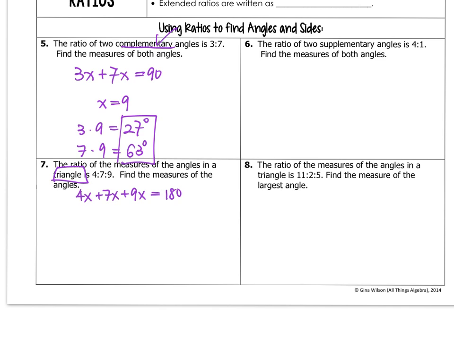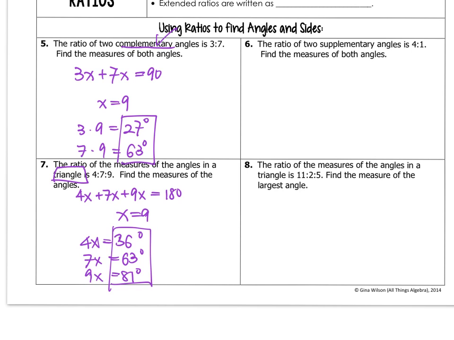A triangle adds up to 180 degrees, and you solve for that. I think this one too, x equals 9. So if you plug it back into 4x, 7x, and 9x, that's your final answer here.